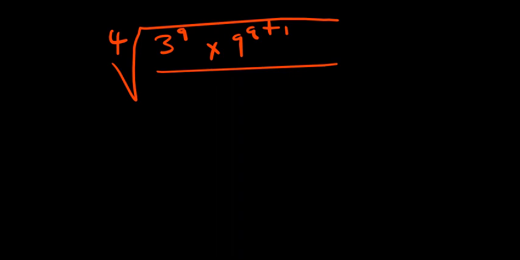Okay, let's now do the fourth one. Let's say you're given 3 to the power a times 9 to the power a plus 1, everything over 27 to the power a plus 2.